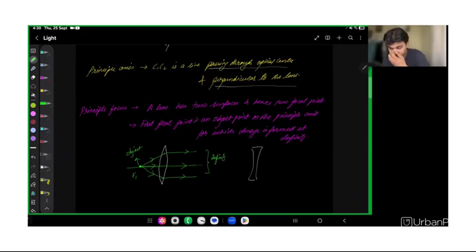In the case of concave lens, exactly the same. This is a virtual object which lies on the principal axis, f1, and the image lies at infinity.